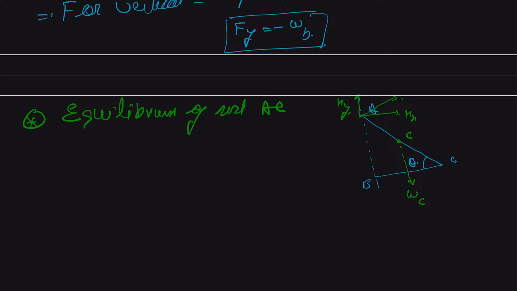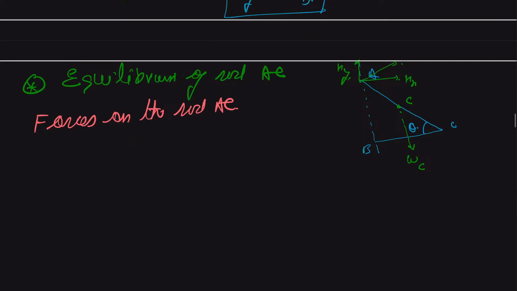And therefore we can say that forces on the rod AC. First one is, because it is hinged at A, so we can say wall hinge at A. And we are interested in these two components, not the individual one, so we can write this as H of x as well as our H of y.